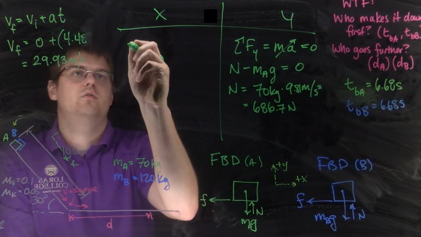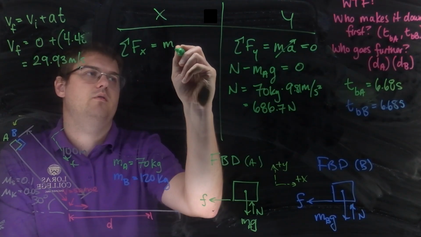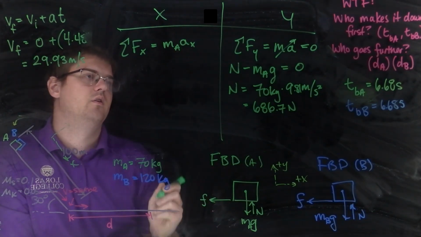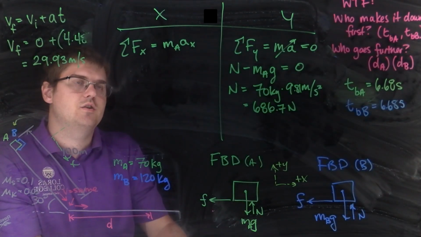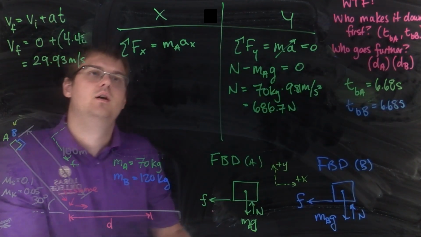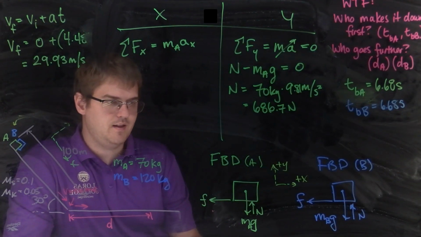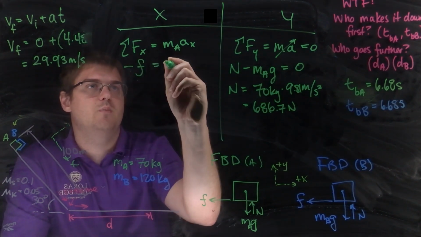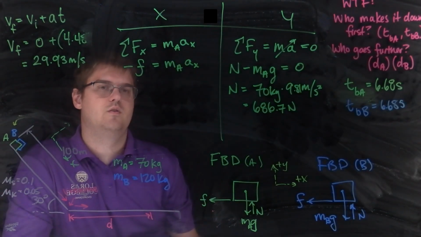Sum of forces in the x is mass of A, because I'm working with A, times acceleration in the x. Acceleration in the x is not 0 because we're moving in that direction. We even know how fast we're moving in that direction. So sum of forces is, well, I have a negative friction in the x and nothing more. So negative friction is equal to my mass of A times my acceleration of A in the x.